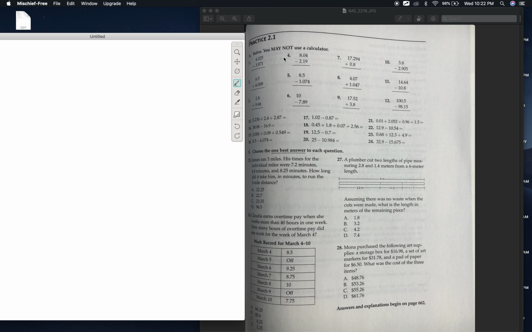Okay, so from another row, we shall pick this one, number 8. So 4.07 plus 1.047.